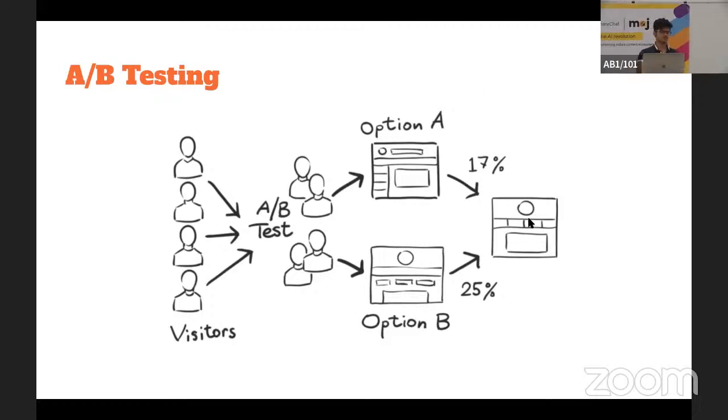We'll do a hypothesis test and see whether this difference of 0.17 and 0.25 is statistically significant or not. If it is, then we conclude that our experiment was successful and option B is the winner variant, and then we go ahead and deploy it, finally rolling it out to the whole 100% population rather than just 5%.